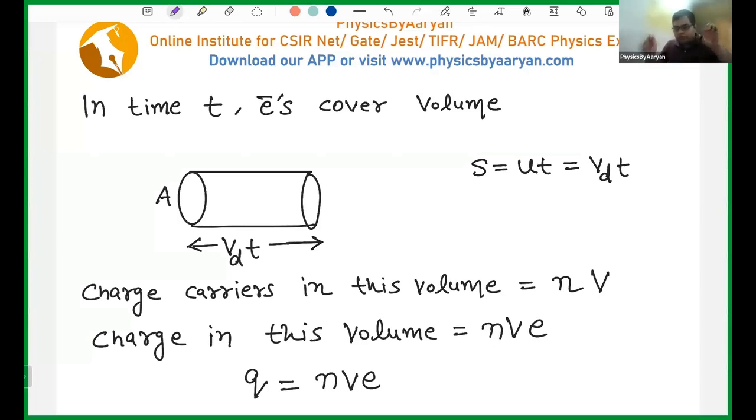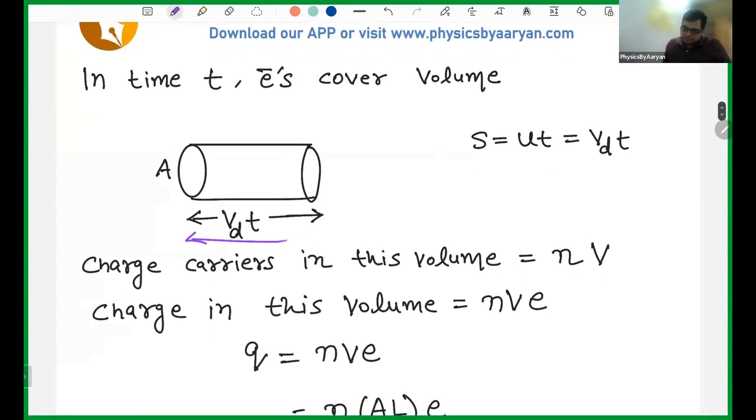How much will they move in time t? Displacement is given by speed into time, and speed is Vd. So the electrons moved by the amount Vd into t. This is the length.